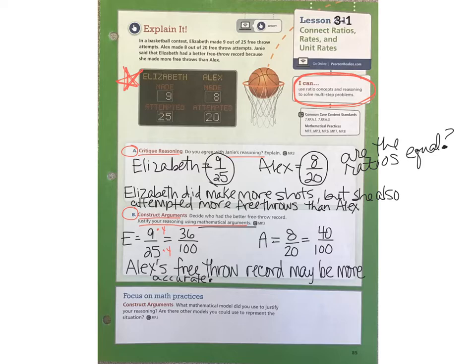For Alex, he made 8 out of 20, which is equivalent to 40 out of 100 if you multiply both parts of Alex's ratio by 5. So while Elizabeth made more shots out of the ones that each Alex and Elizabeth took, when you look at their record of what would be expected if they each took 100 shots, Alex's free throw record may be more accurate. Just some things to think about as we go through this lesson.